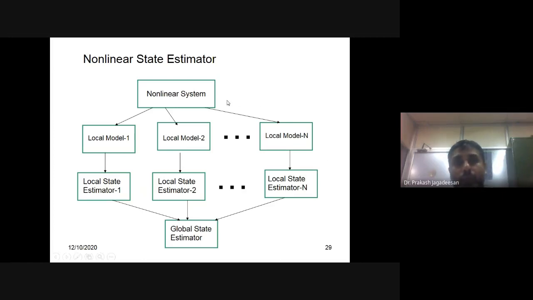So once you have developed n local models, with the help of which we are trying to approximate a given system, the advantage we have is that we can build what we call soft sensors. They are nothing but local state estimators. With the help of soft sensors, one can estimate unmeasured variables, variables which are difficult to measure online with the help of a sensor.